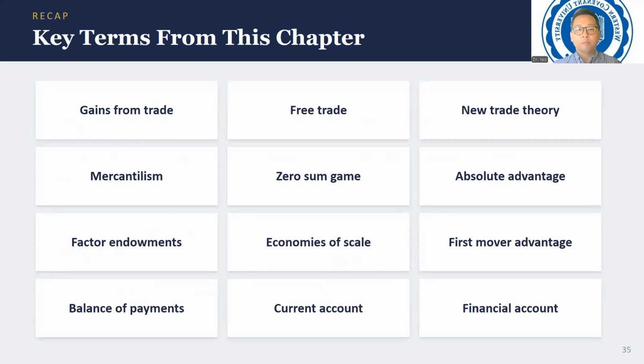Before we wrap up, let me do a quick recap of the key terms from this chapter. You should be able to define every term on this slide in your own words.